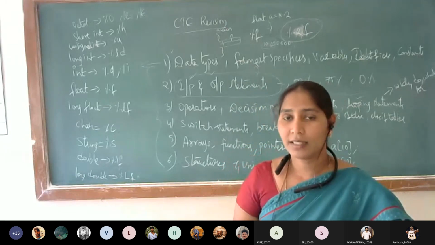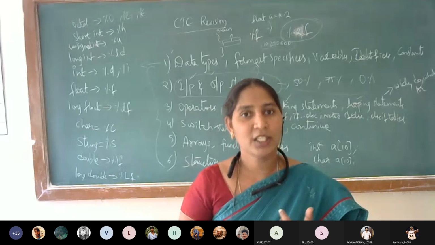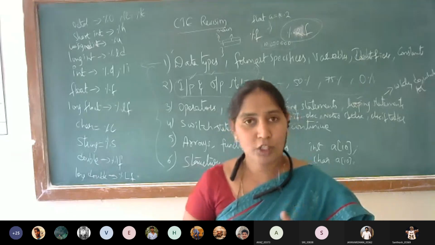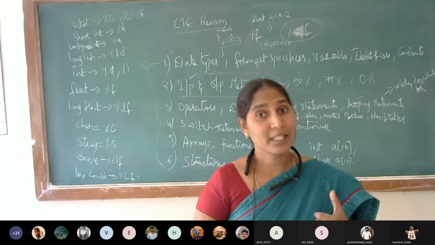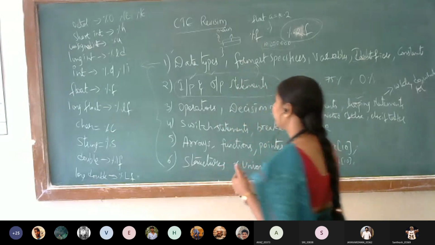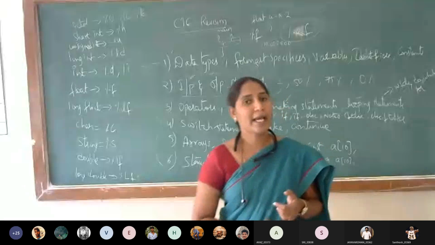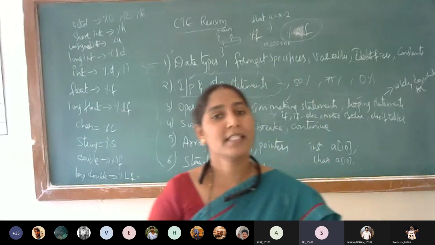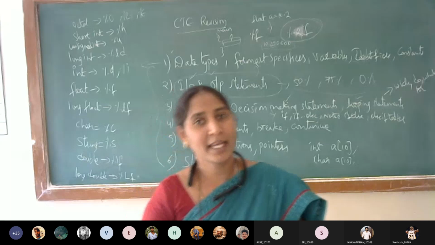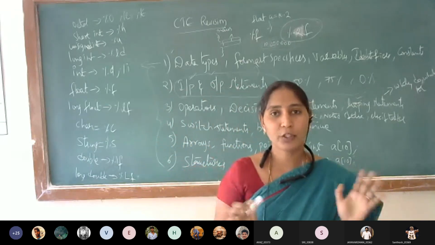The declaration part is used for declaring and initializing variables, and it is also used for declaring functions. The variables and functions that I declare here in the declaration part are said to be local variables and local functions. That means I can use them only within the main function.